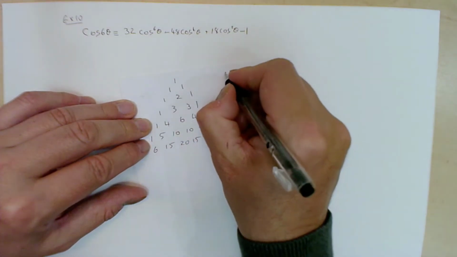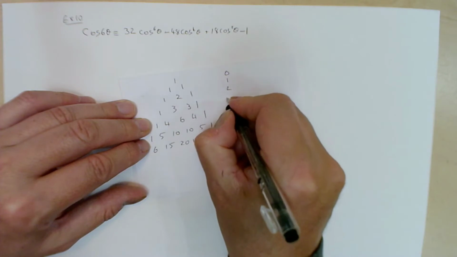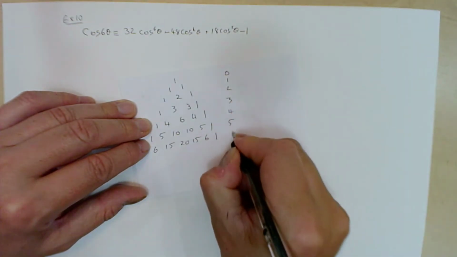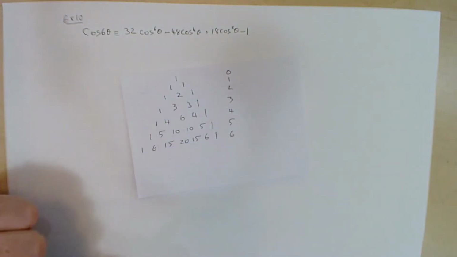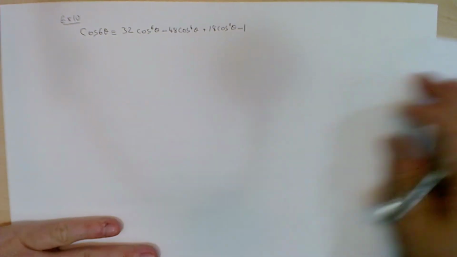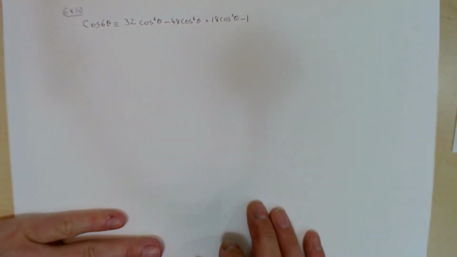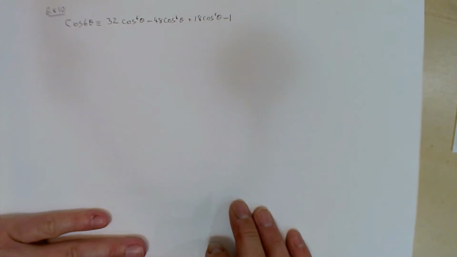So I've got 0, 1, 2, 3, 4, 5, up to the 6th power here. I'm just going to put it off to one side for the moment, and we'll come back to it because we'll use it when we're putting the coefficients in.